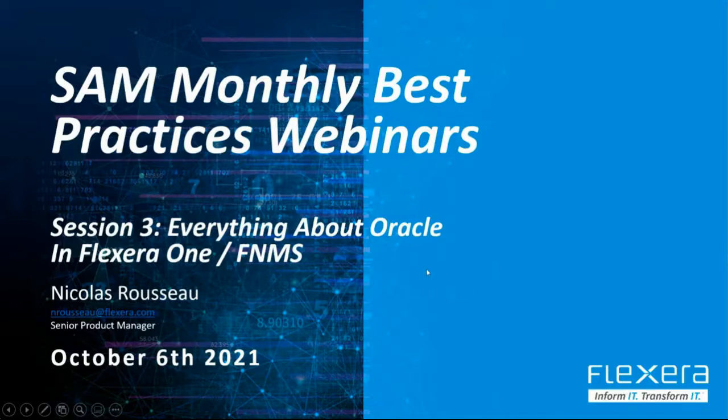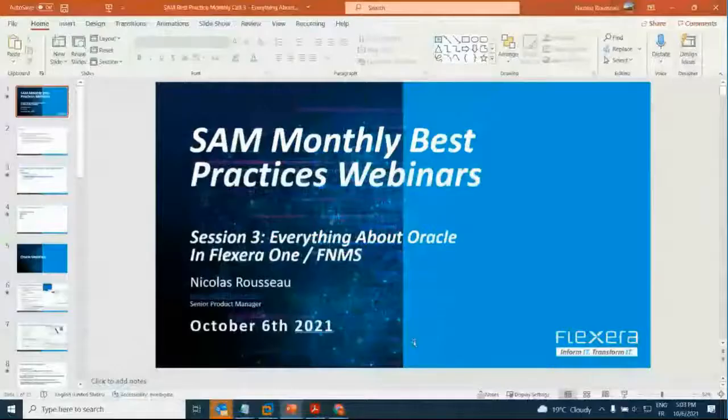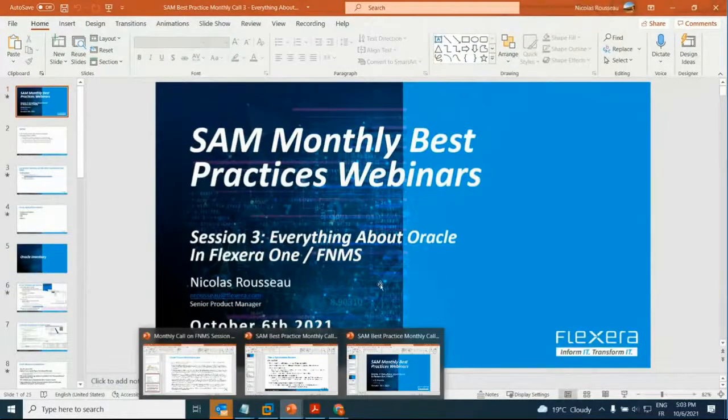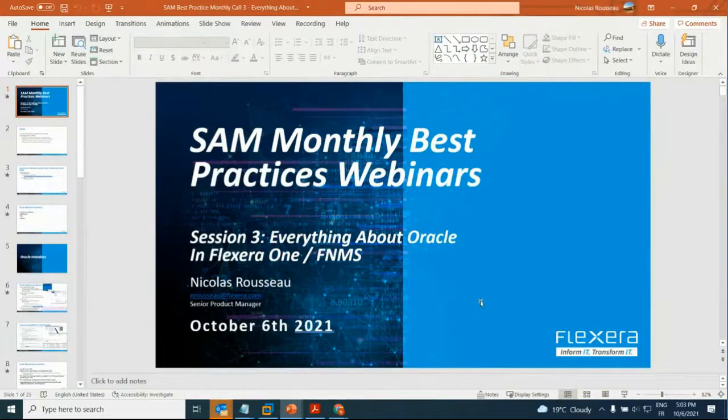I will switch off my camera, but I will today go through all the topics related to Microsoft, to Oracle database and Oracle applications, coming from inventory, troubleshooting inventory quality, understanding the compliance in FNMS and then Flexera One, and also managing the optimization.